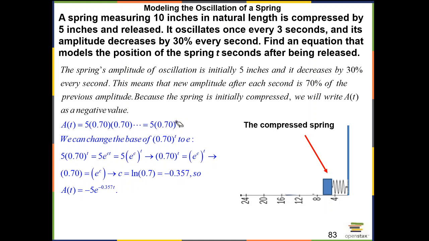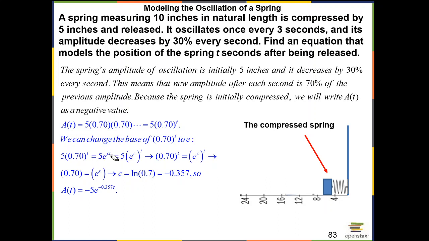And now we like to write it in terms of e, of course. Remember, we like to use e. So what do we do? We convert this to e. And this is a little thing from algebra. We want 5 times 0.7 to the t to be 5e to the ct. Now, compare this to that.